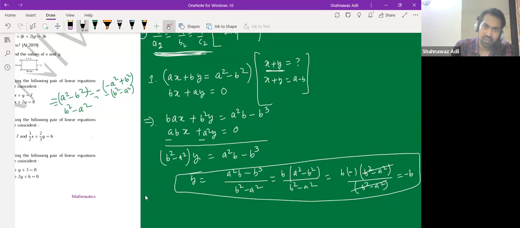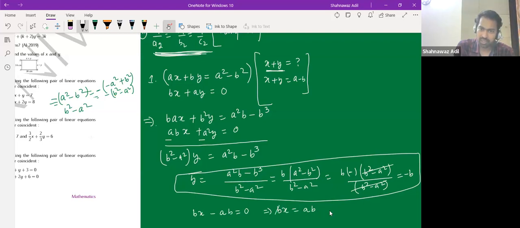Yes, sir. So where should we put the value of y, in the first or second equation? Second equation. Good. So we should put the value of y in the second equation. So bx minus a into b is 0, which means that bx is ab.